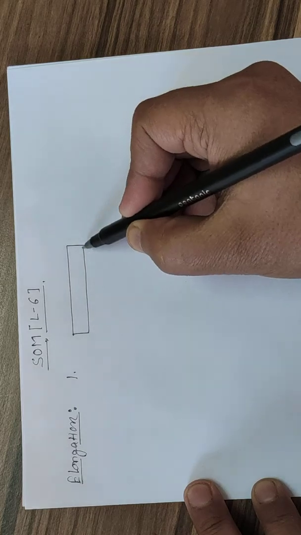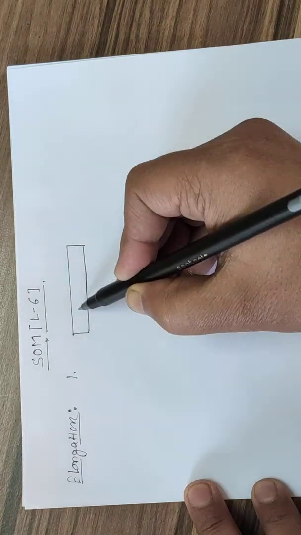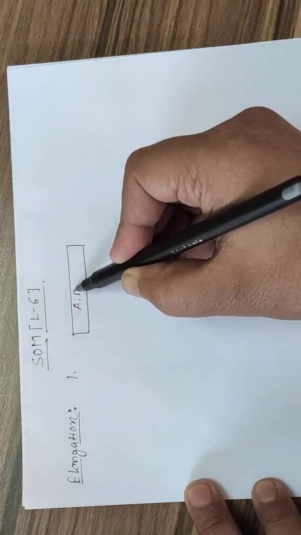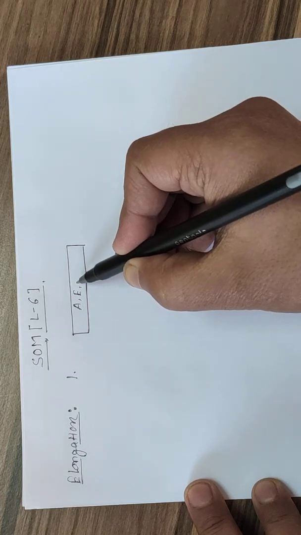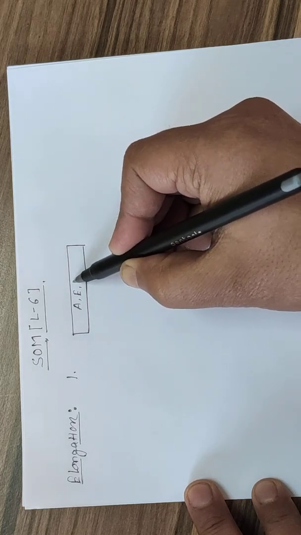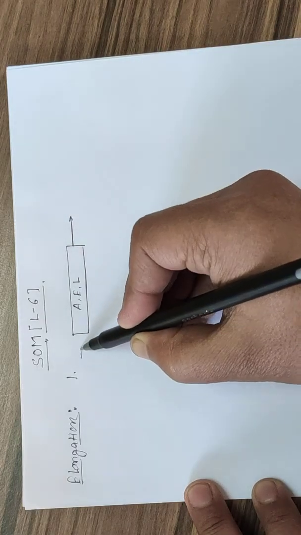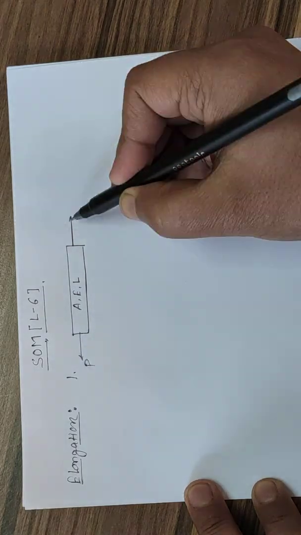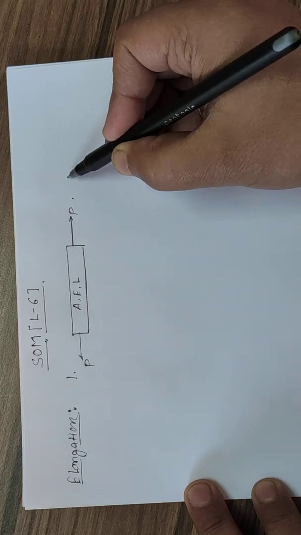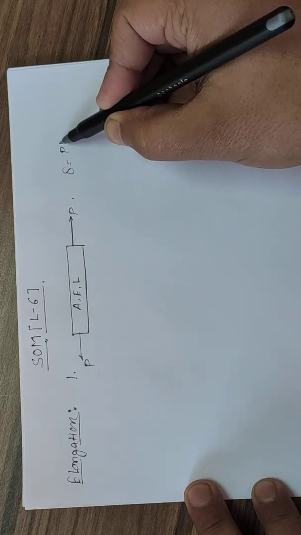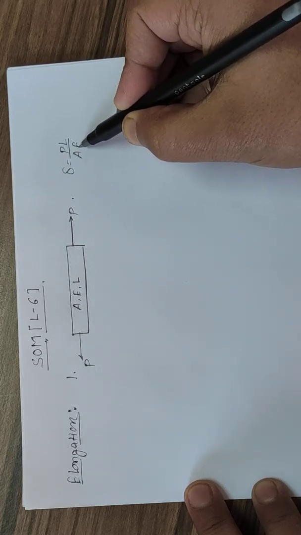We have a simple bar with cross sectional area A, material E, and length L, and we apply a tensile load, let us say the load P. Then we measure del is equal to PL divided by AE.